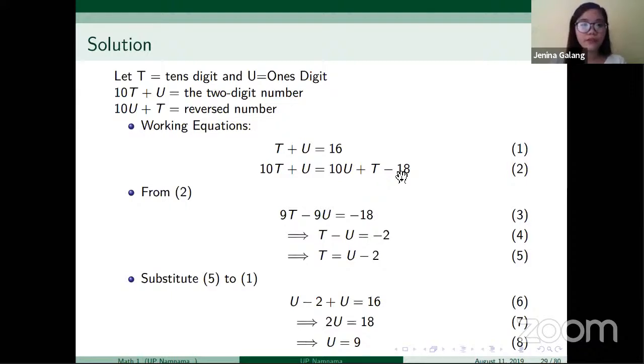So, solve natin by manipulating number 2. So, transpose natin yung 10u to the left side, to the left-hand side, and yung t to the left-hand side. So, we are left with 9t minus 9u, which is equal to negative 18.